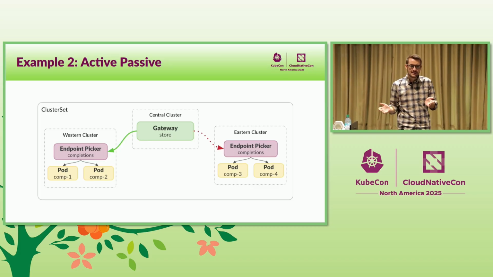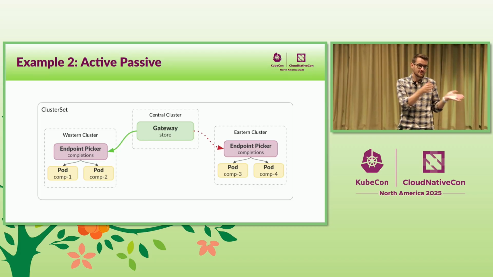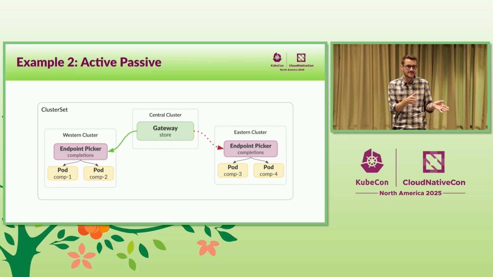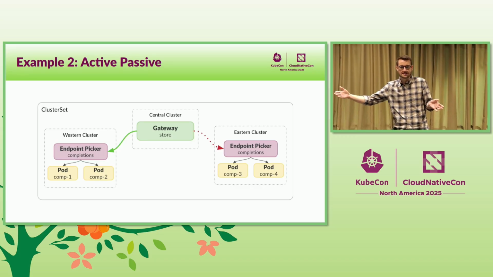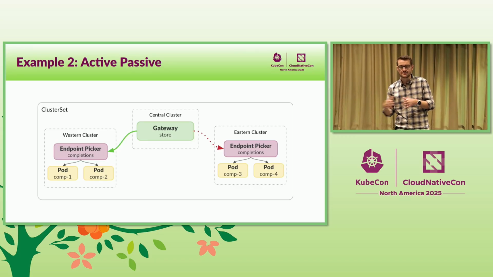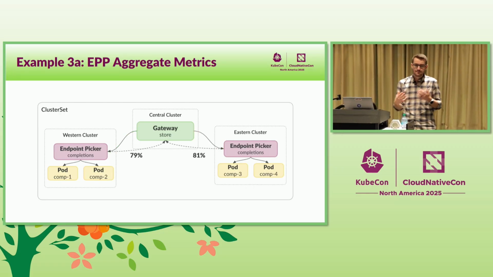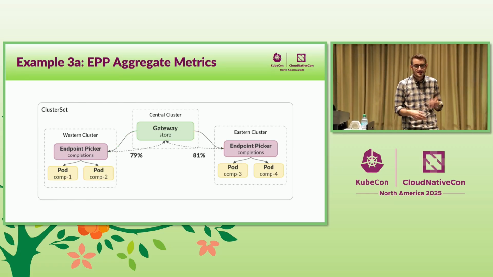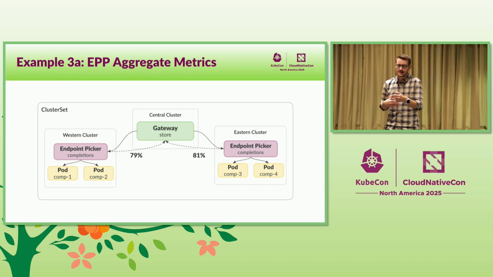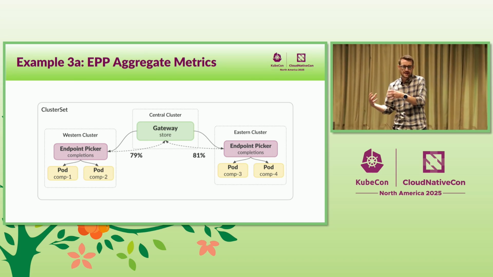I would rather send all traffic to one cluster, and if that fails for whatever reason, I have something ready to fail over as needed or spill over as needed. But what we've mostly landed on is a metrics-based approach. So we already know that the endpoint picker is rapidly scraping metrics from each pod inside your inference pool, each model server framework, and it has a lot of metrics.